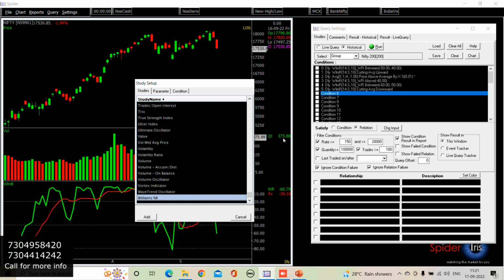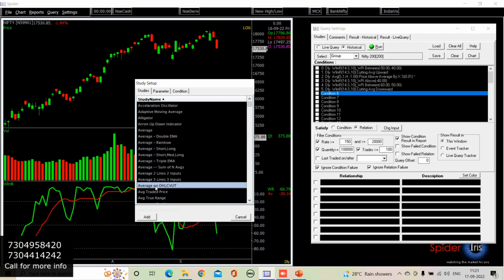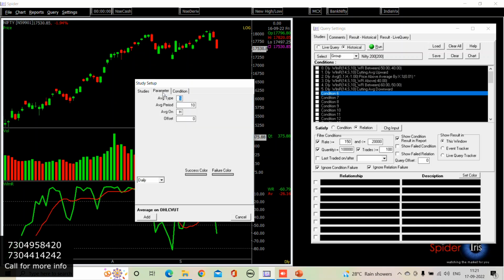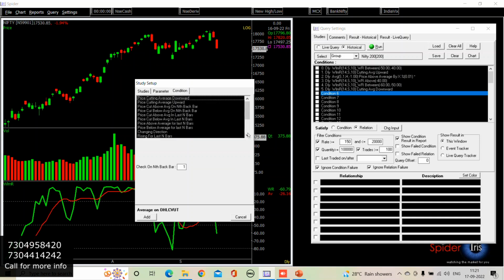Condition 6 is average OHLC. Your parameter will be simple 1. Average on we will take as low. Offset will be -1. Condition: price below average by X percentage 0.01.